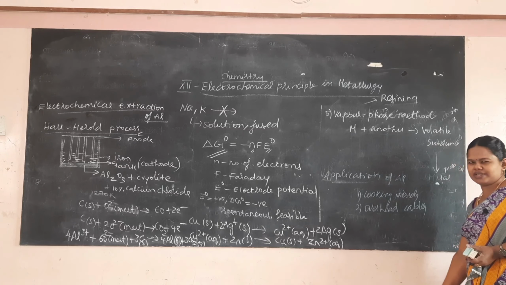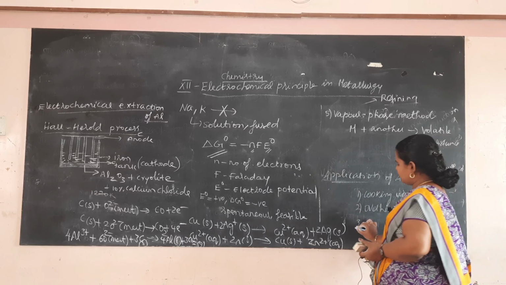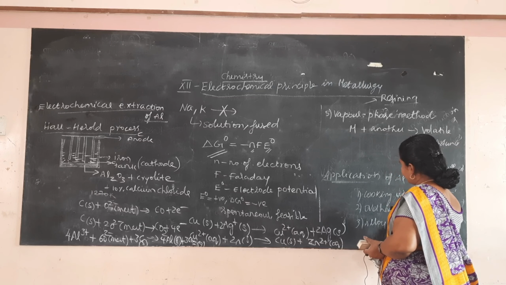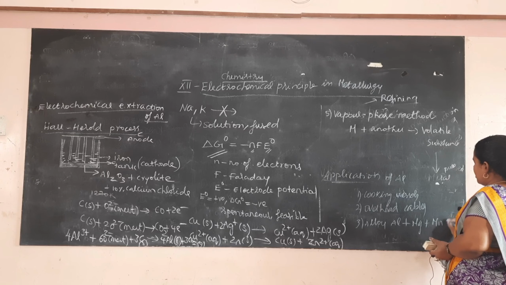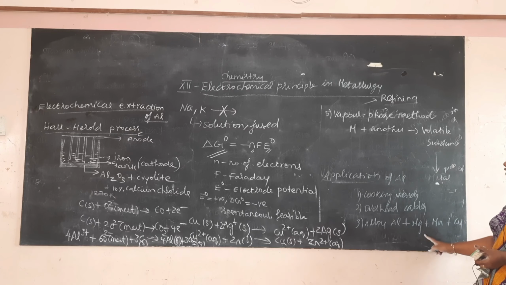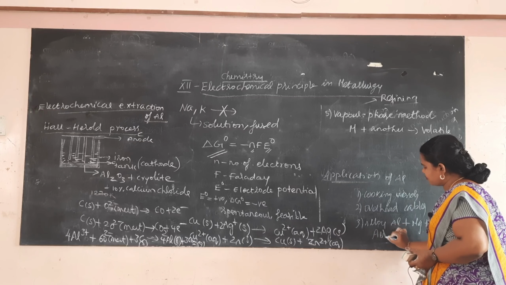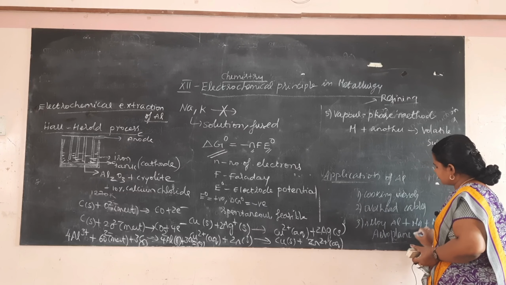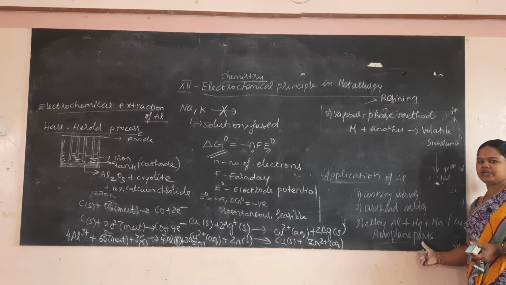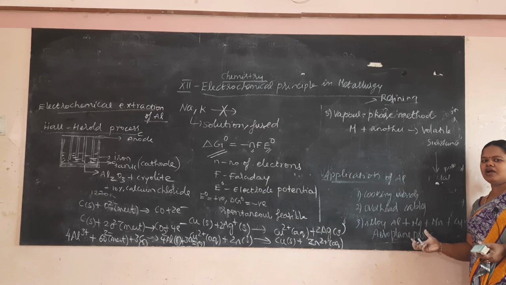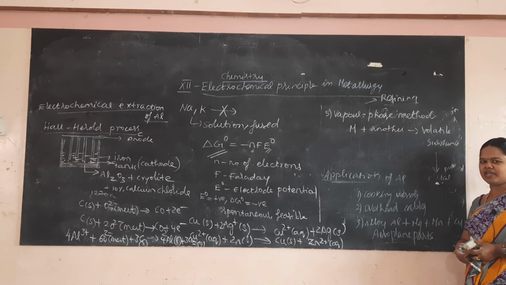Since it is not very strong, it is alloyed with other metals, that is aluminium plus magnesium, manganese or copper, and it is used to prepare aeroplane parts. And it is used as a wrap to pack food items. So these are some of the uses of aluminium.